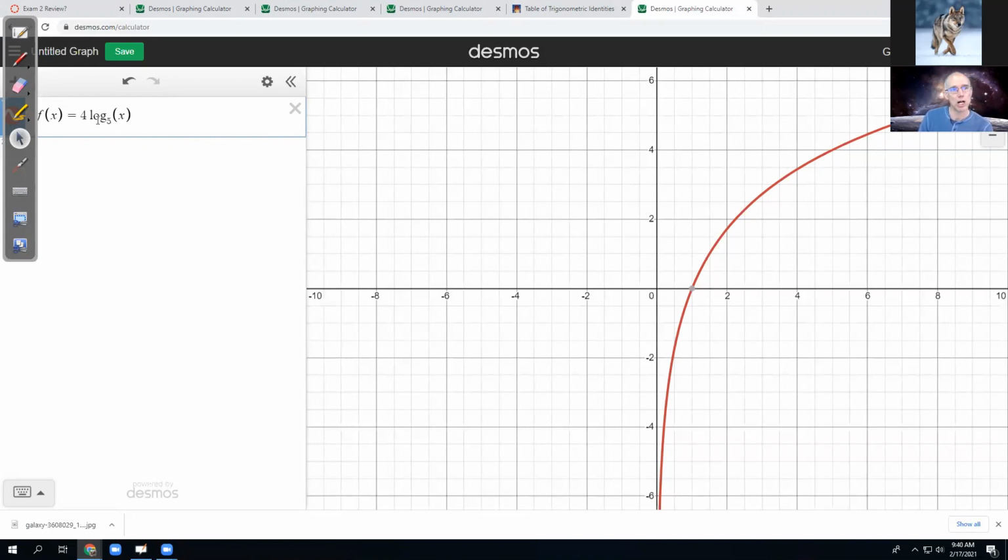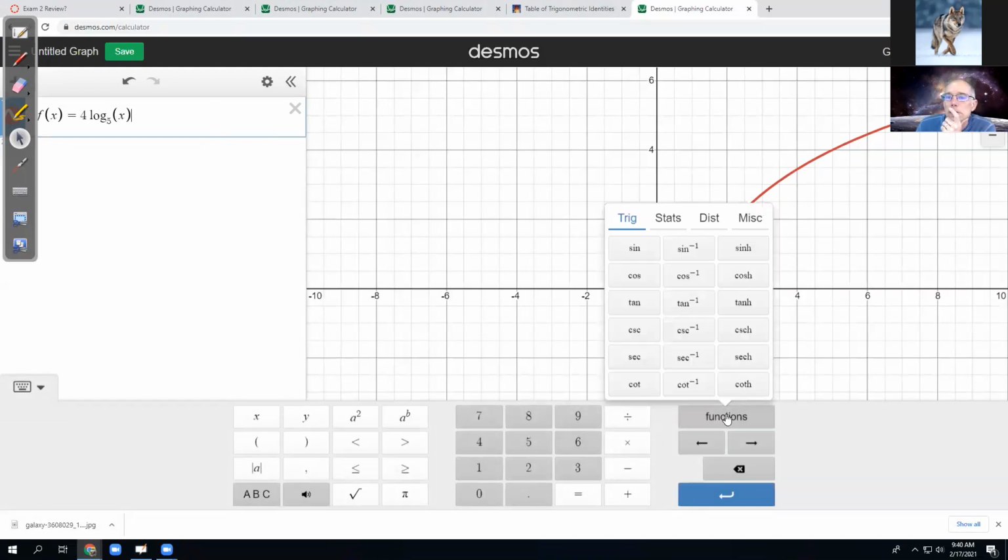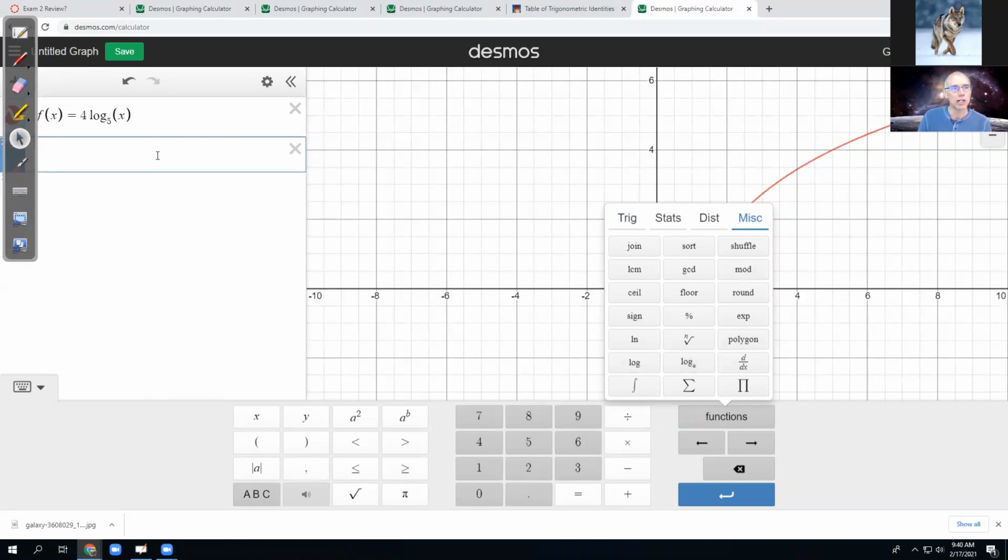So I just typed log subscript 5, and there must be a button for it here, I bet, in the function section. Miscellaneous, maybe. Yeah, log base A. So you can use any base you want in Desmos. If you didn't know how to type it, you can bring it up there. And then I want to know about the point 8 comma f of 8.